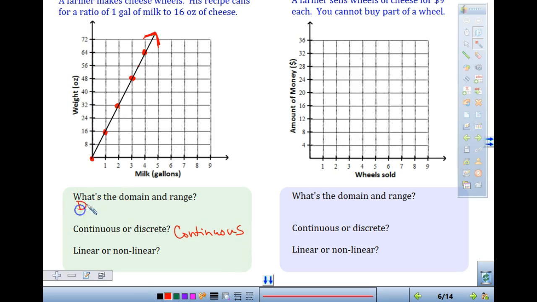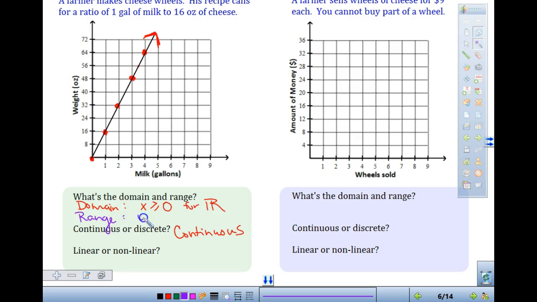We are asked, what is our domain? It is not all real numbers, because we can't use a negative gallon of milk, right? So in this one, we might say our value is when X is greater or equal to 0 for all real numbers. What is our range? That's my Y value.